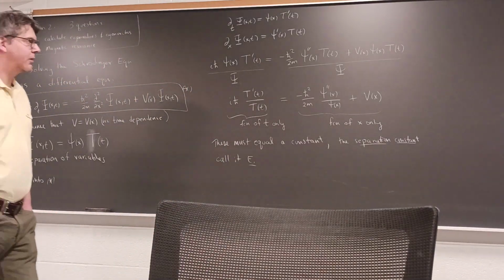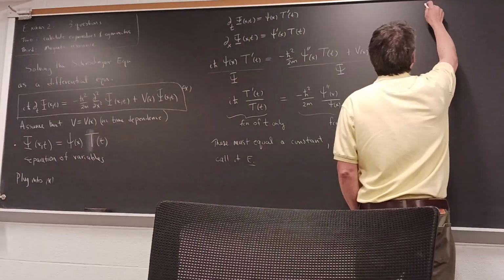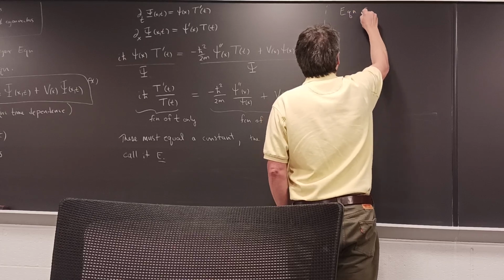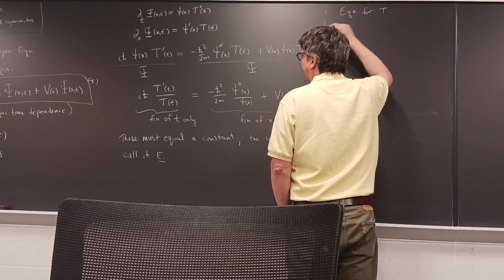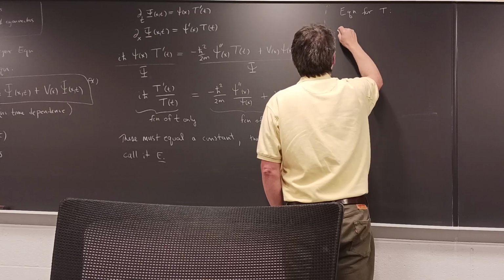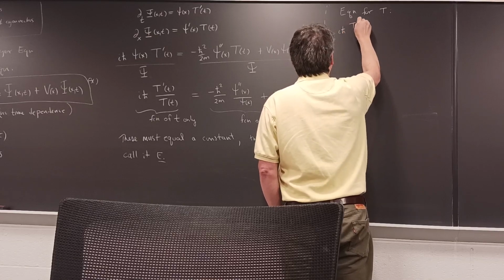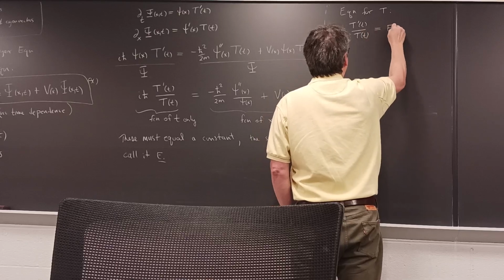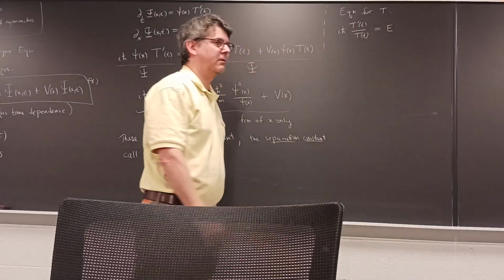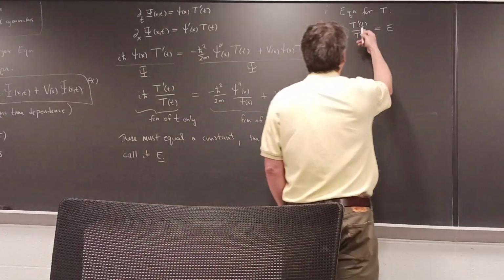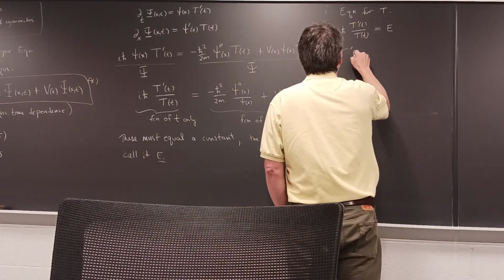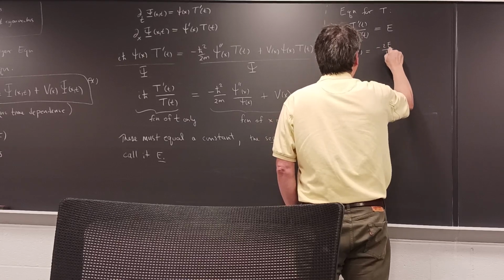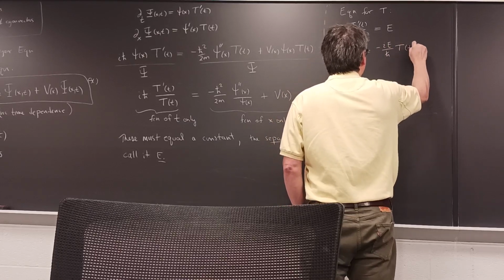Okay, so then we have two equations. We have one equation for t. The equation for t is i h bar T prime of t over T is equal to E. And I can solve for T prime. So T prime of t is equal to minus i E over h bar times T of t.